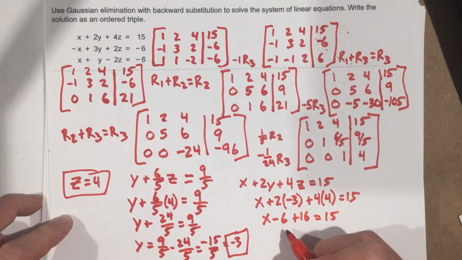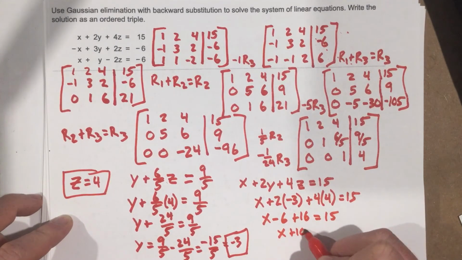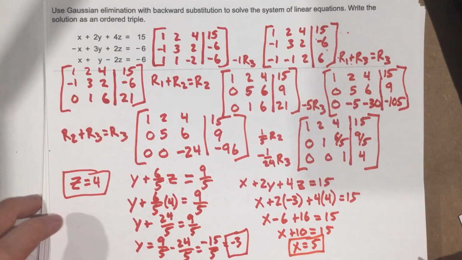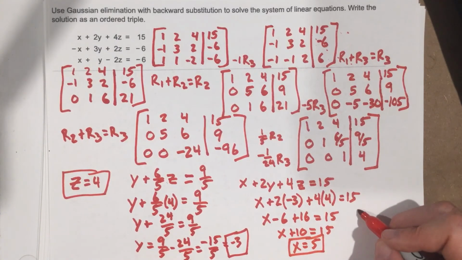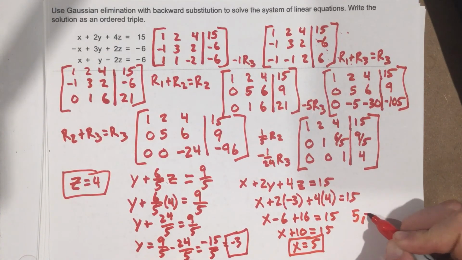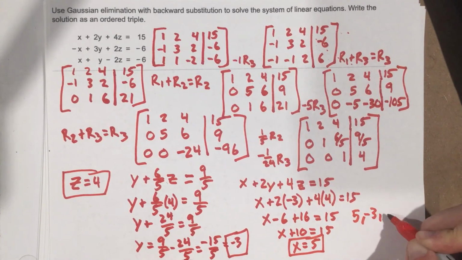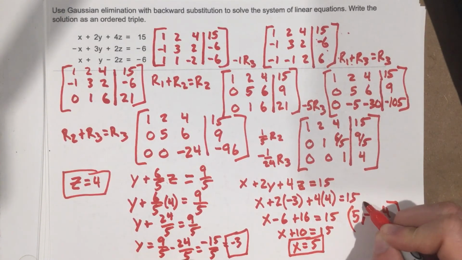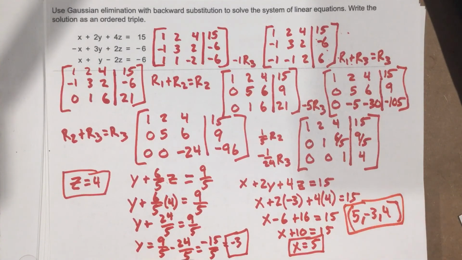Add the negative 6 and the 16, you get x plus 10 equals 15. Subtract the 10, x equals 5. So they said to write this as an ordered triple, so we end up with (5, -3, 4) as our solution. That's how you use Gaussian elimination with backward substitution.